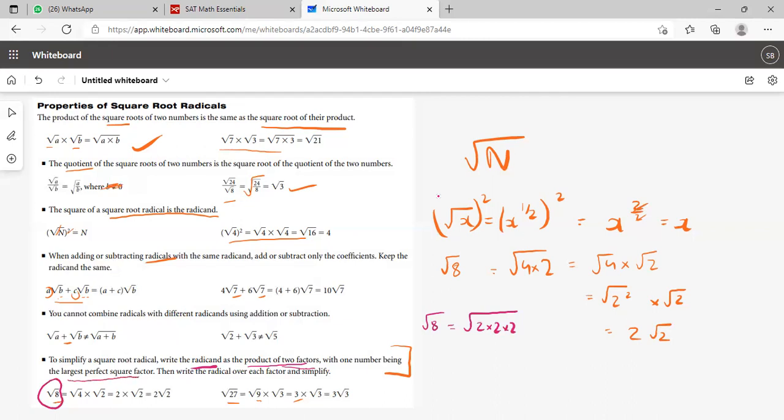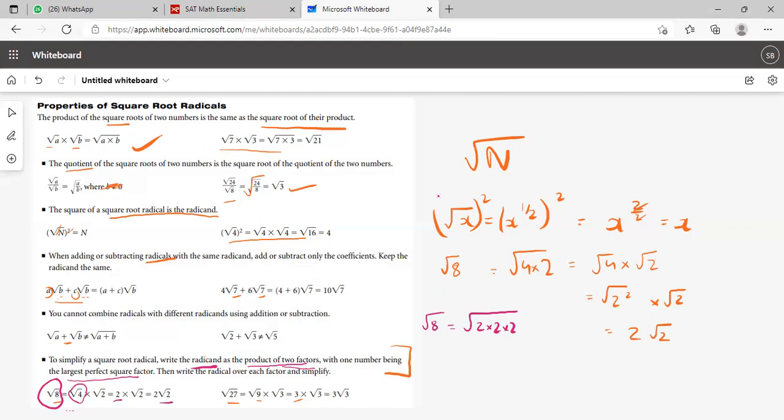In case of 4 and 2, 4 was the largest perfect square. And why do we need this largest perfect square? We need this perfect square just so we can get this 2, just so we can simplify this under root 8. This 2 under root 2 is basically a simplification of under root 8. Then write the radical over each factor and simplify. Right, so we had this under root 8.